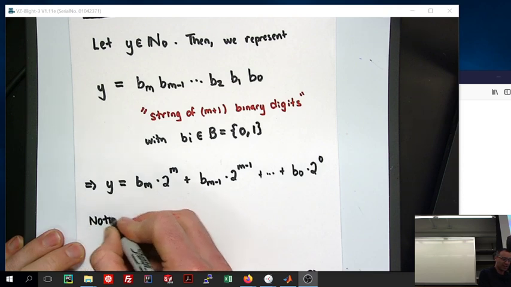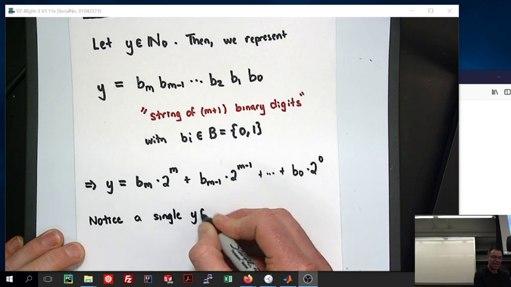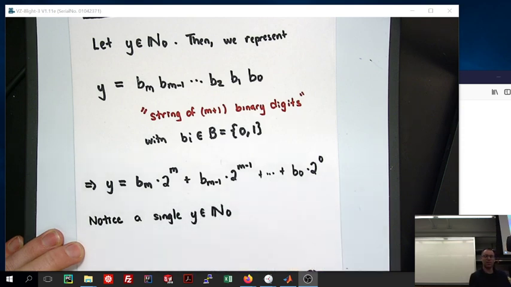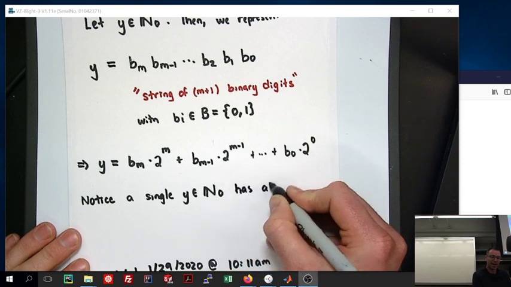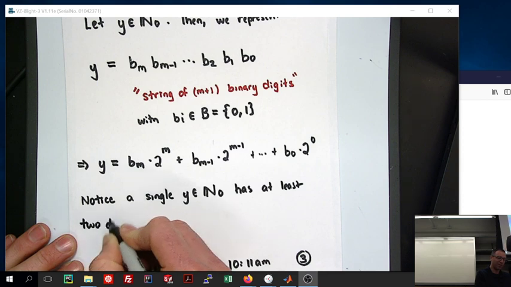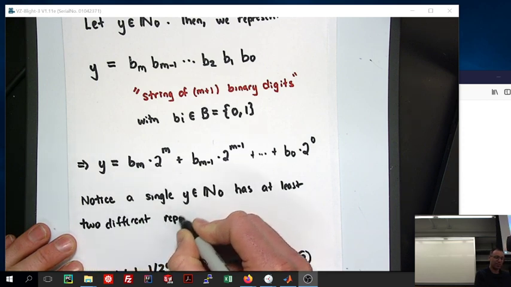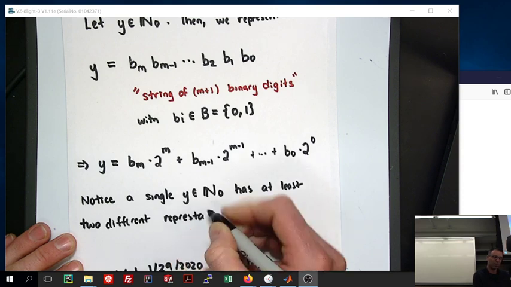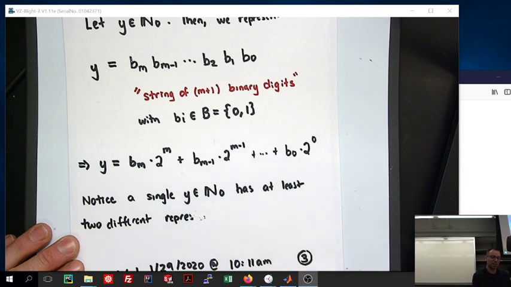Notice a single y in the non-negative integers has at least 2 different representations. What are the 2 representations that we're studying?